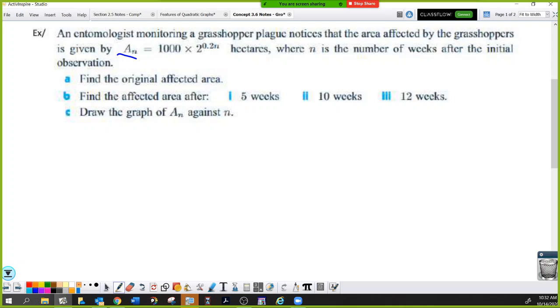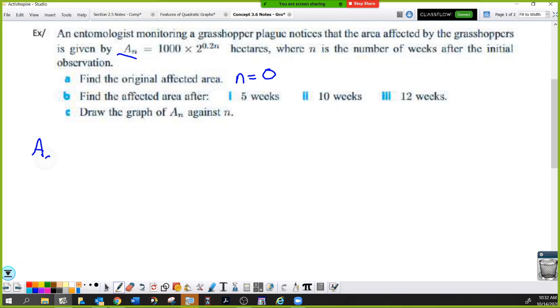So the initial observation would have been after how many weeks? It says n is the number of weeks after the initial observation, so the initial observation is at week 0. It says find the original affected area. The original affected area would imply that n equals 0.